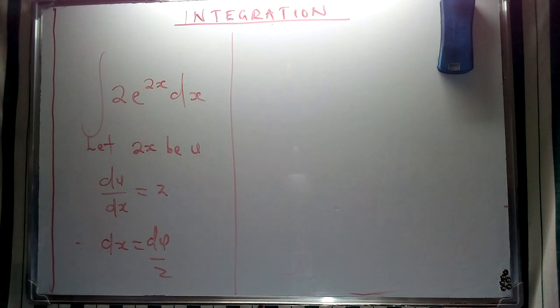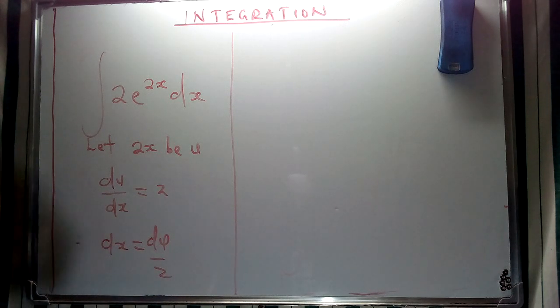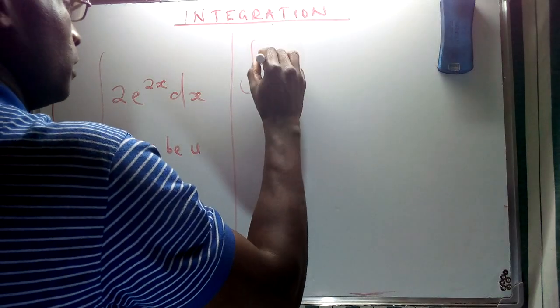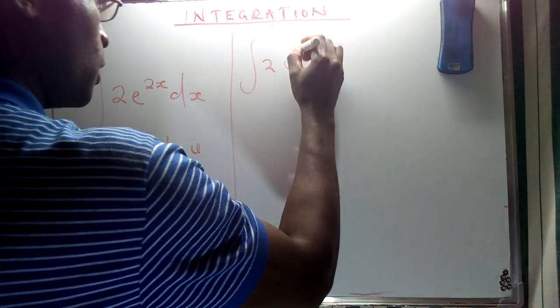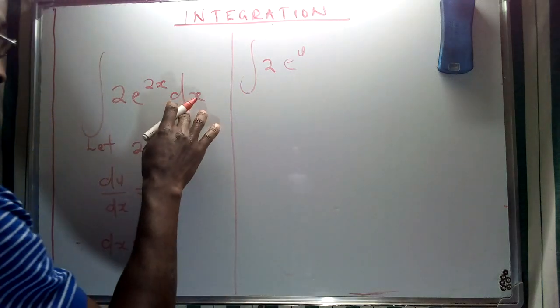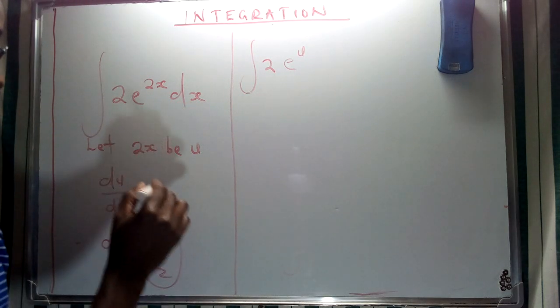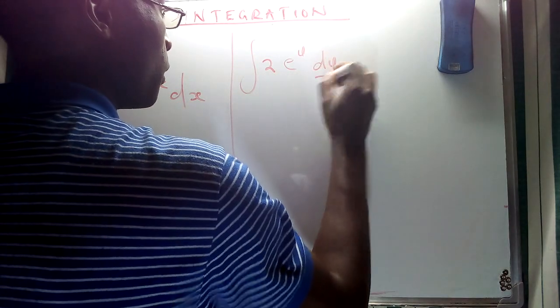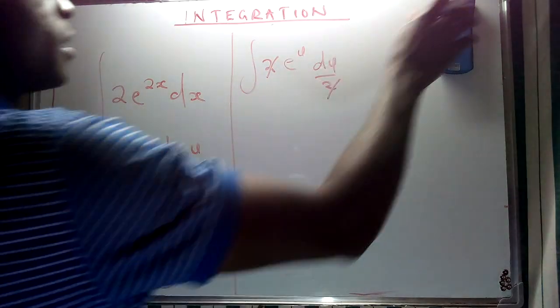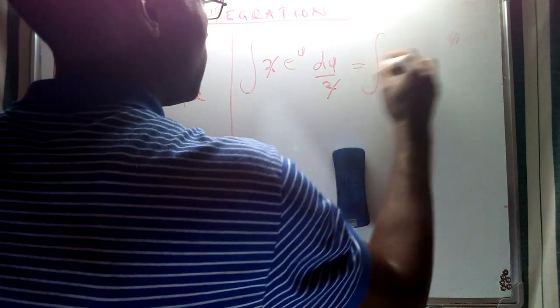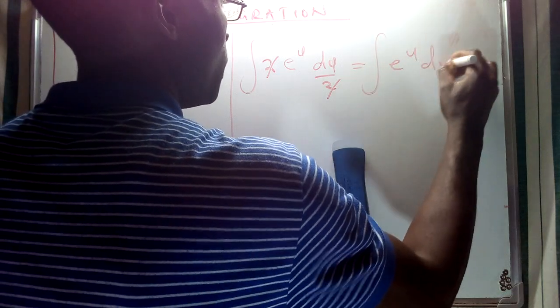So in trying to rewrite our integral, it is the integral of 2e^u, and then dx can be represented as du over 2, and therefore these specific values are going to cancel out, and this is going to be given as the integral of e^u du.